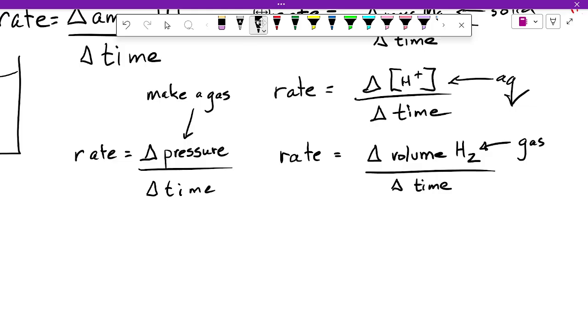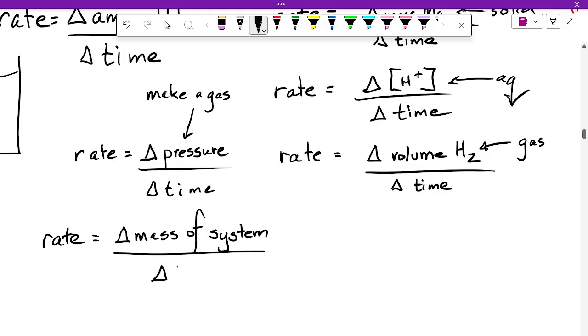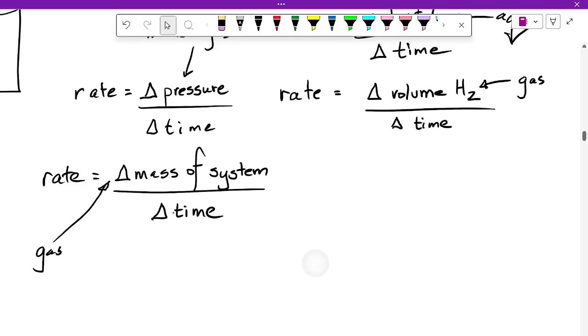So we could do a change in mass of, we're going to say the mass of the system. The system is everything, okay? And we can do this because we have a gas that escapes taking mass with it.